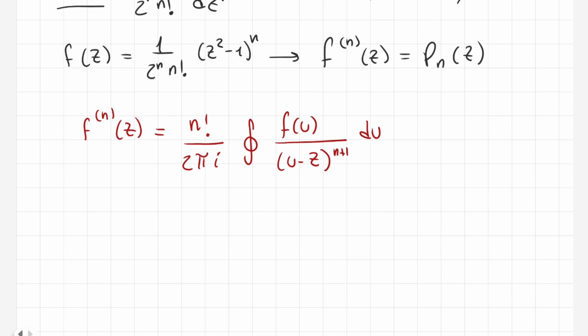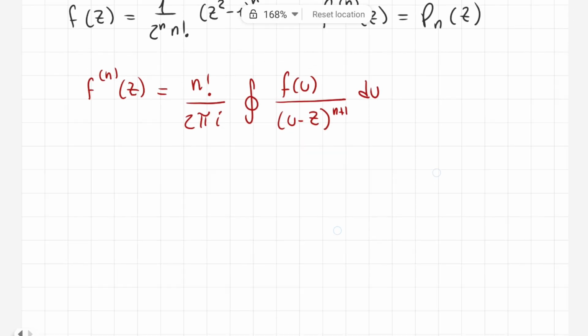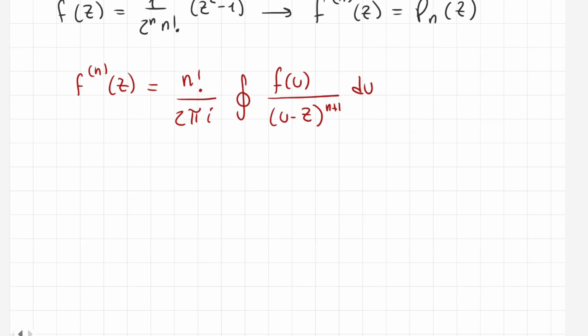This is a very famous relation that comes from Cauchy's theorem. We need to remark that for this to hold, f(z) needs to be an analytic function, which means that it is going to have an infinite number of derivatives. It is infinitely differentiable.